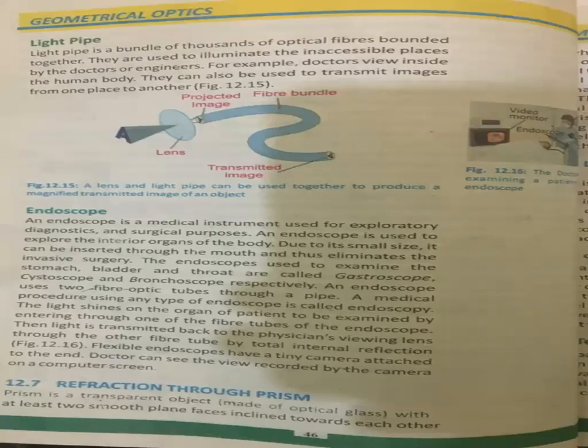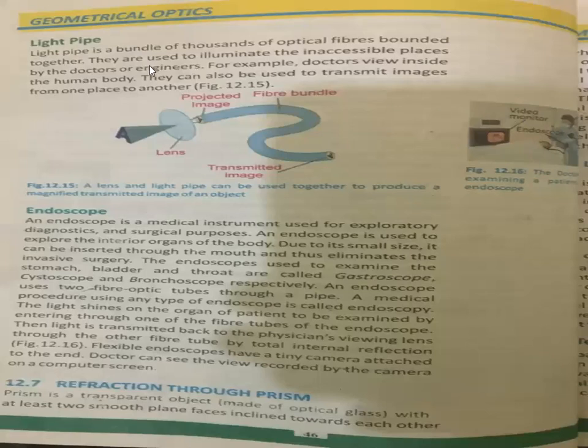Doctors mainly use the light pipe to see the condition of the organs, whether they are good or bad. In order to examine the bad organs, they transmit the signal through the light pipe, and then they can view it, as you can see in this figure, on the monitor screen.